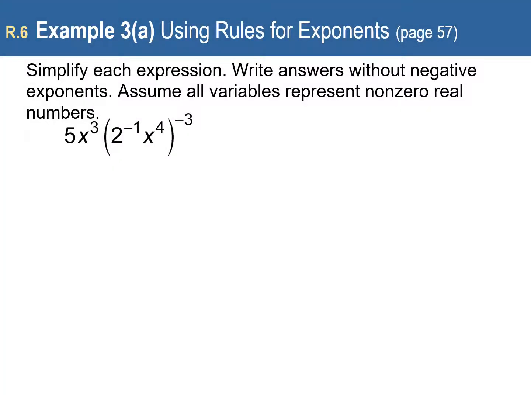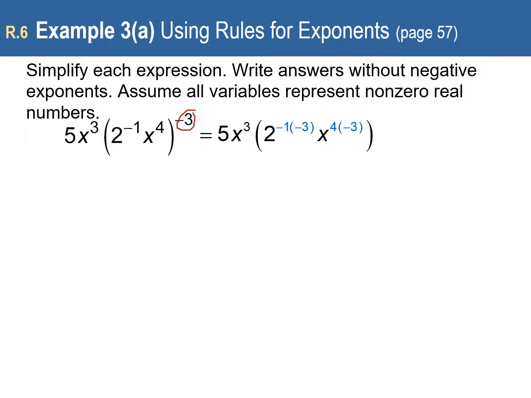Let's simplify this expression, and we want to write the answers without negative exponents. So 5x cubed times parentheses 2 to the negative 1 x to the 4th, whole thing to the negative 3. The first thing you want to do is go on and distribute this negative 3 down.